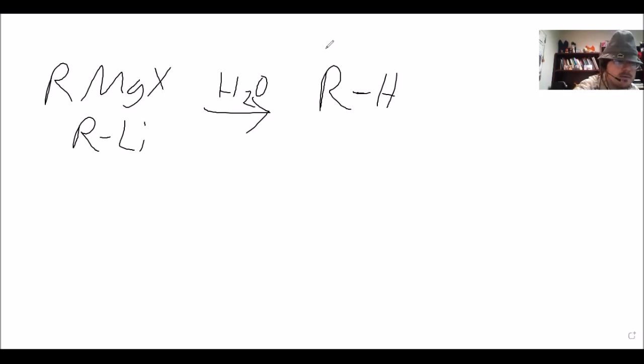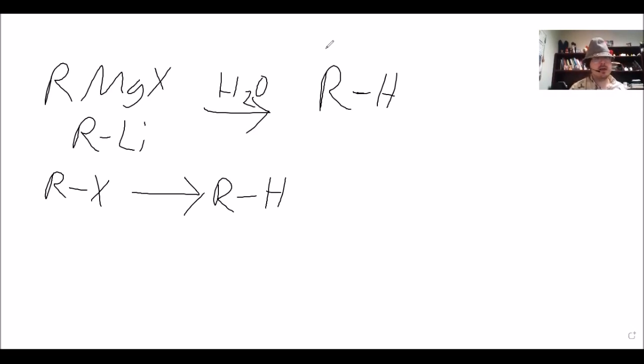But this is a convenient way to go from RX to RH. If we need to remove the halide and replace it with hydrogen, we can do that just by forming organolithium or Grignard and then adding water.